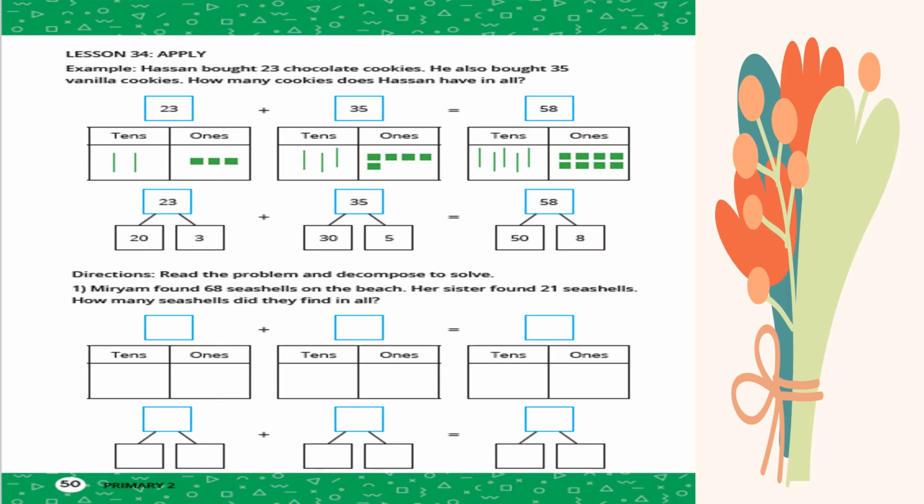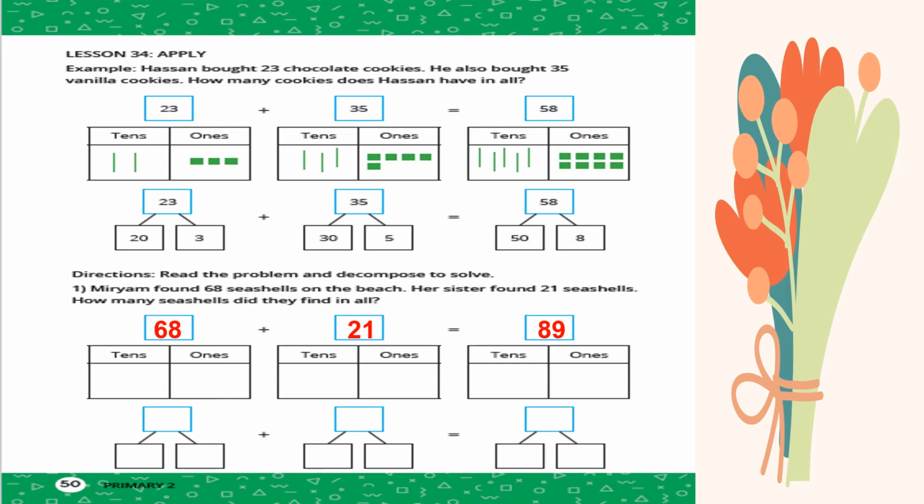So 68 plus 21. Let's put ones with ones and tens with tens. 8 plus 1 equals 9. 6 plus 2, after 6: 7, 8. So 89.